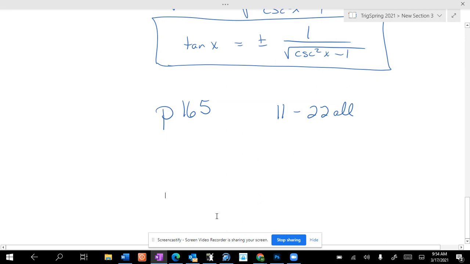Okay. 12. What'd you get for that one, Ethan? This won't make sense. I got cosine squared x equals cosine squared. No. You're right. It didn't make sense.